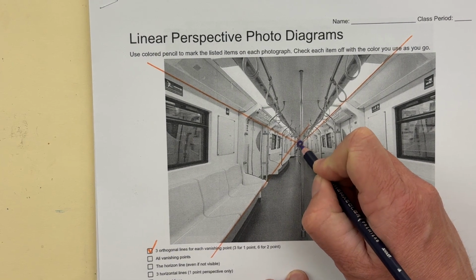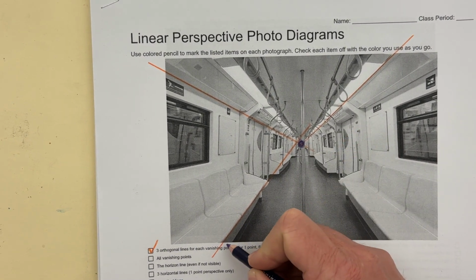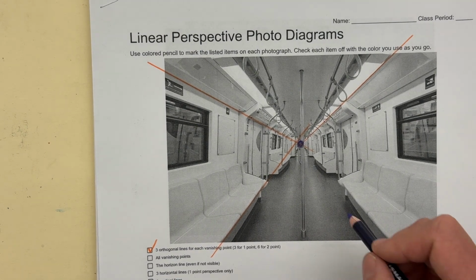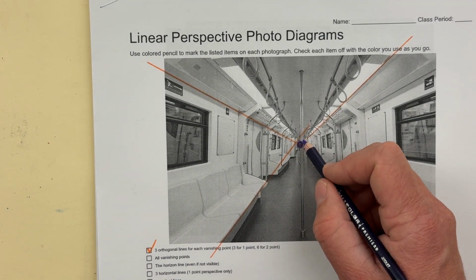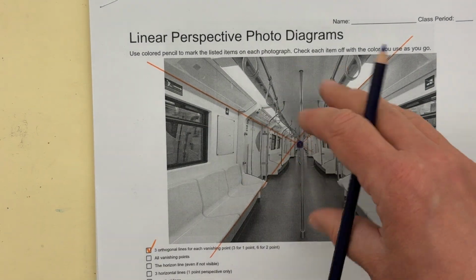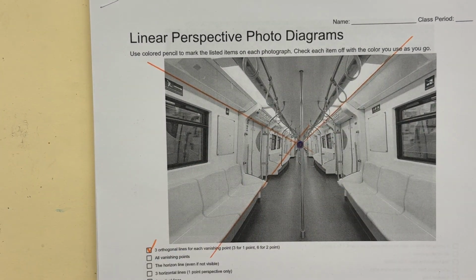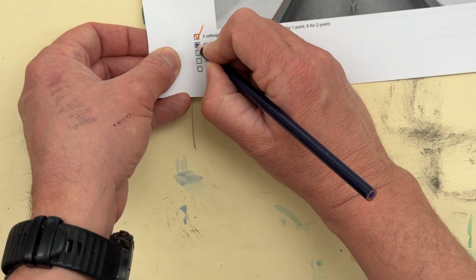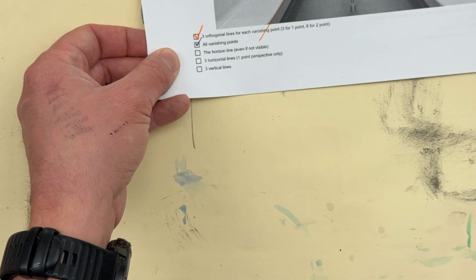All right, I'm going to call it right about there. This one seems a little bit off the orthogonal. I think this is probably a more likely vanishing point, so I'm going to mark that. But you can mark a big spot that envelops most of it. That'll work too, okay? So all vanishing points, we only have one because it's 1-point perspective, so we're all good there.